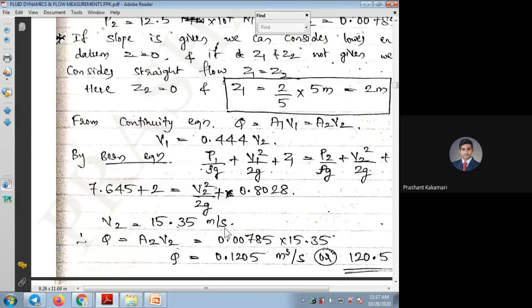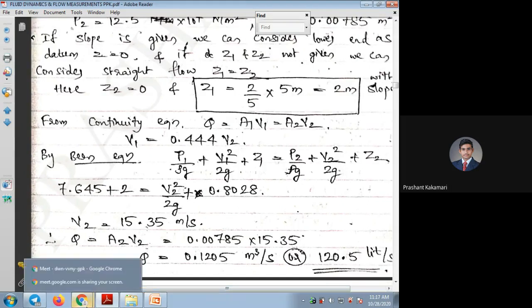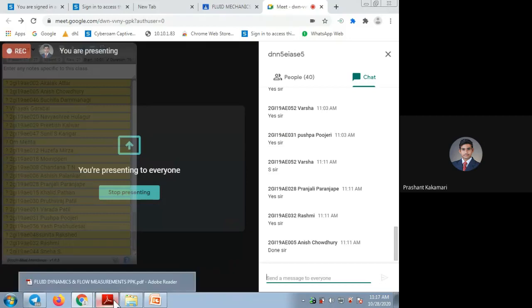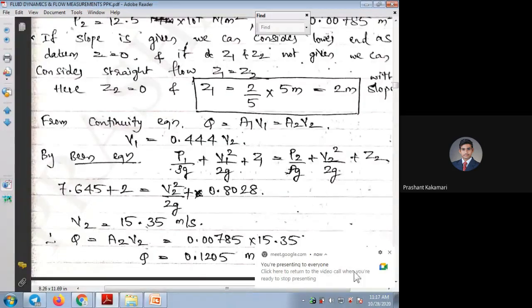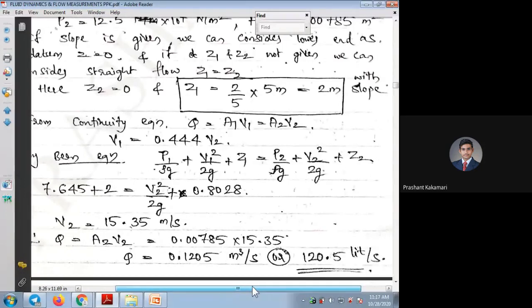Once you know any one velocity, you can find the discharge. The problem is over. So please note down the steps.